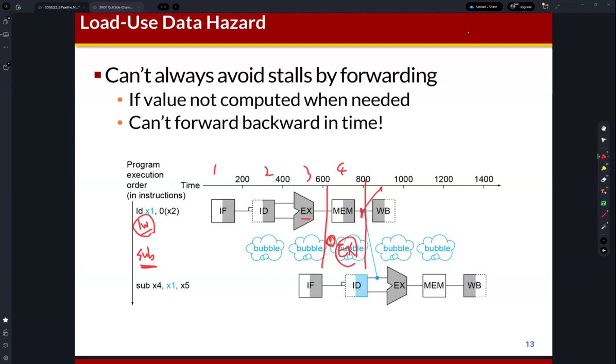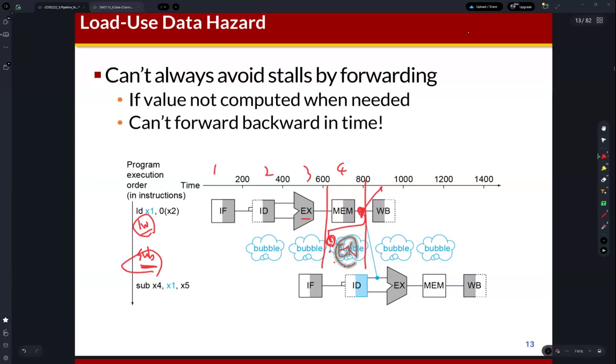This is the future, this is the past. If we consider the timing, the result of this load instruction cannot be provided to the input of the ALU for the following instruction, the sub instruction. Right. So if we consider the timing of data, then we can figure out this is not possible. Okay. So this is the future and this is the past.